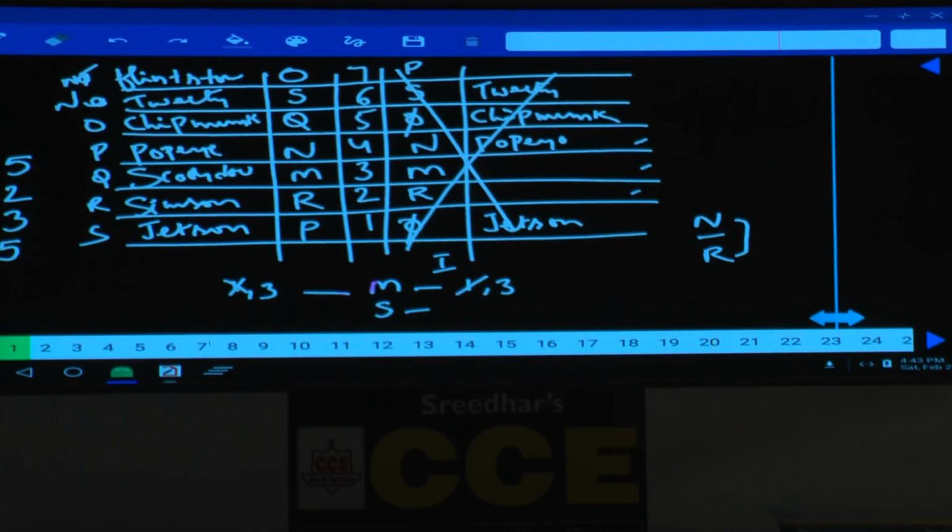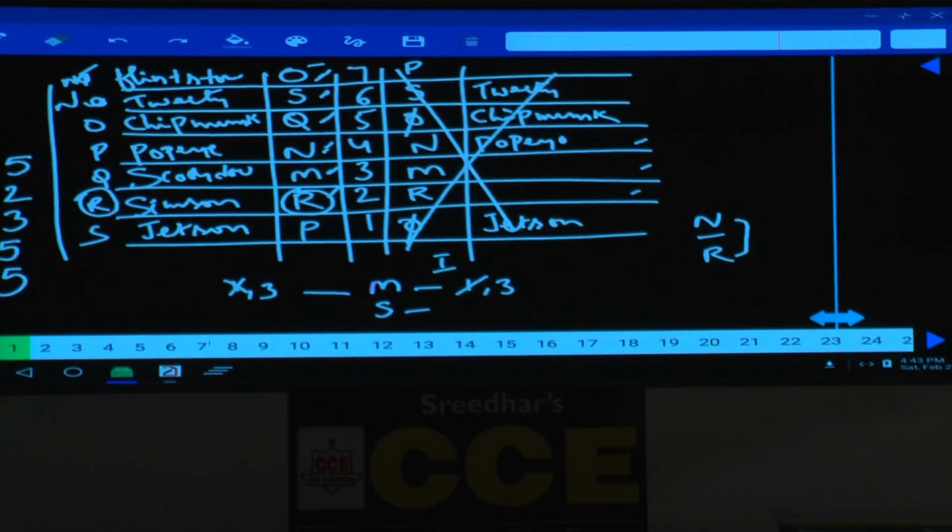M is not here. If you observe, R is the only person who remained at the same place. Only one person remained at the same place, choice 5 is the answer. Rather than working it out like this, start counting from the top, M, N, O, P, Q, R. Which is matching here? R is matching. This is about question numbers 85 to 89.